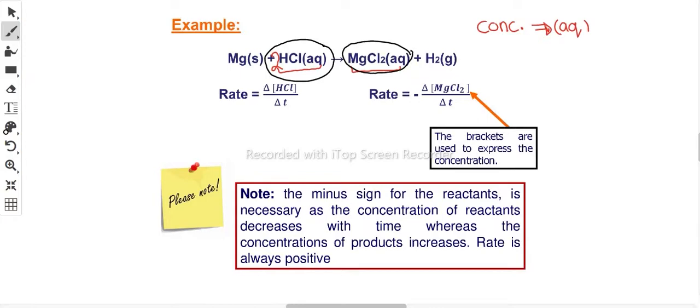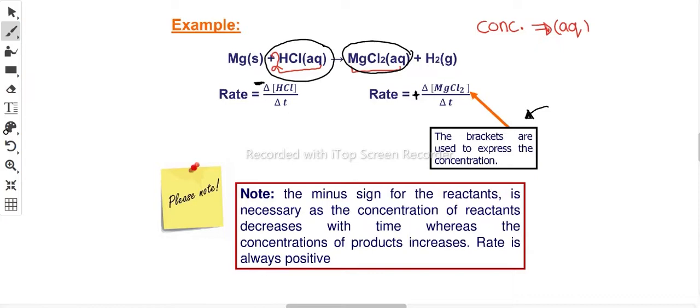Since you are going through the rate of reactant, you need to write a negative right here, and here the sign will be a positive. So if you are following reactants, you need to have a negative sign, and if you have a positive, it's for the products. And according to what's given inside this small box, the brackets are used to express the concentration, and we considered this before.